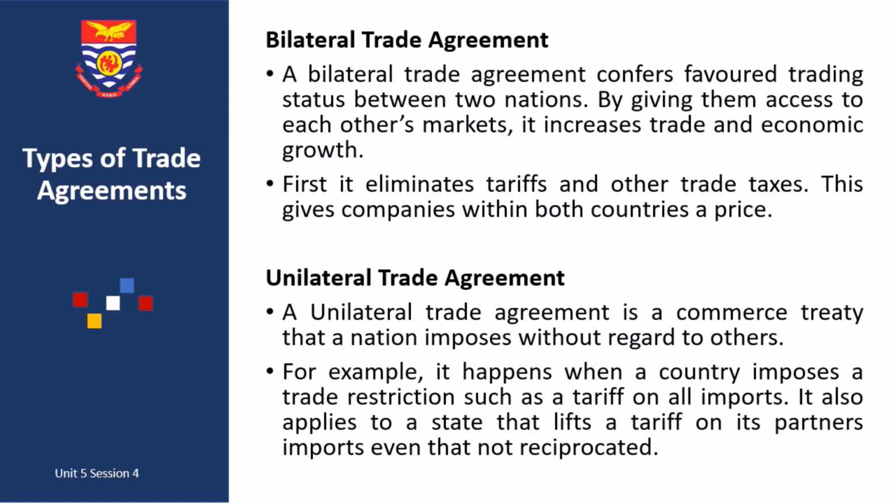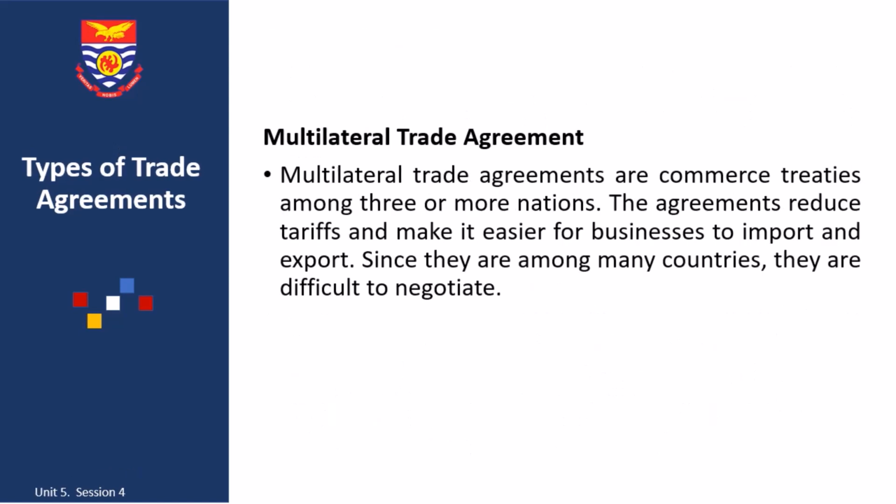So a unilateral agreement is a type of agreement that a country gives to its imports. For example, you could give some form of restrictions on the import of cannabis in Ghana, and that becomes a unilateral trade agreement.